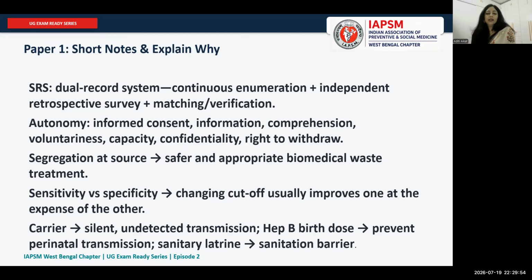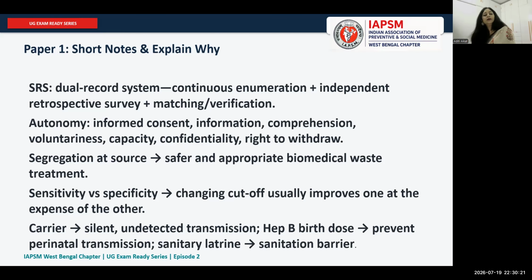Here, the best thing is, instead of writing a long paragraph, to use that graph with the crossover and explain the cutoff, how it improves one at the expense of the other when that particular overlap is shifted.